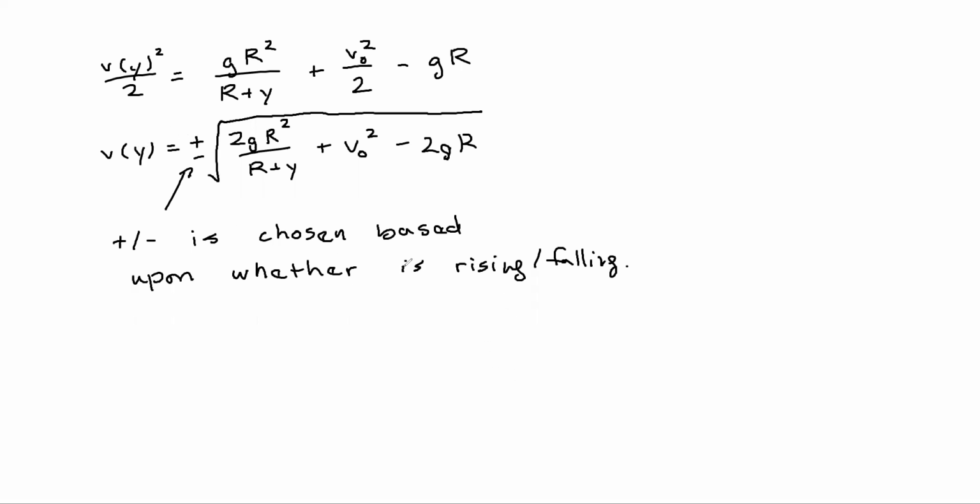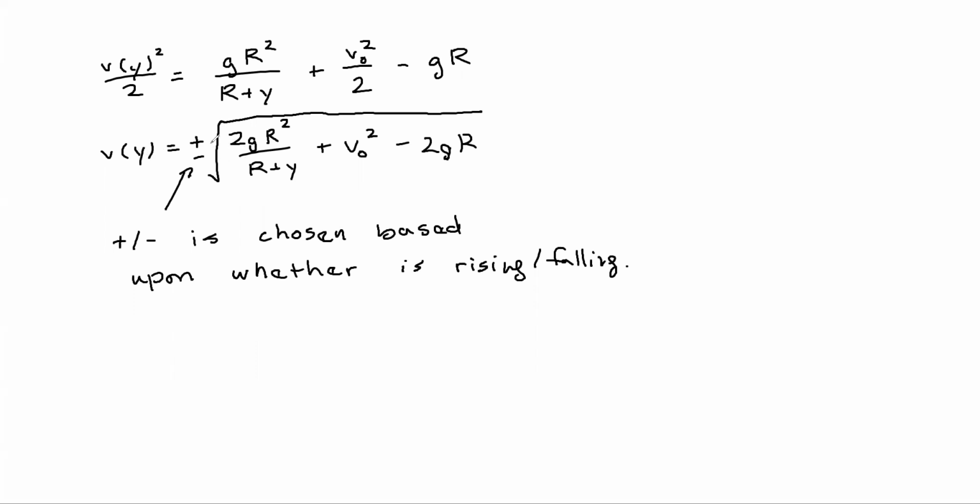And so the way that our model works is that you plug in a position and then out comes a velocity. And that velocity could be positive or negative depending upon the scenario that you have for the object. For example, if you plug in v of 0, that would be the velocity on the surface of the Earth.